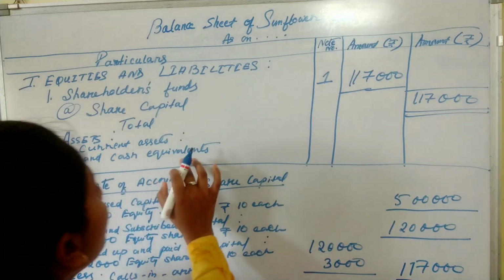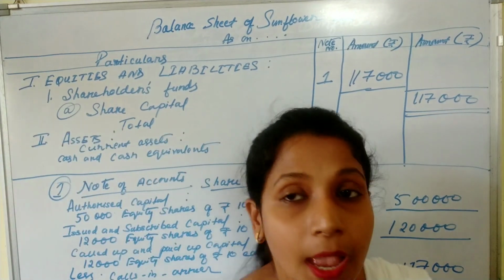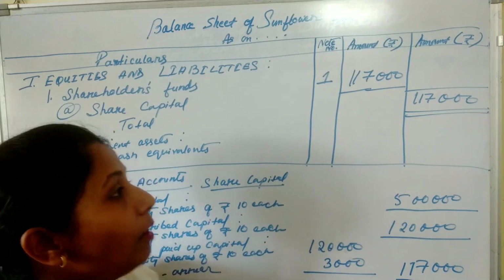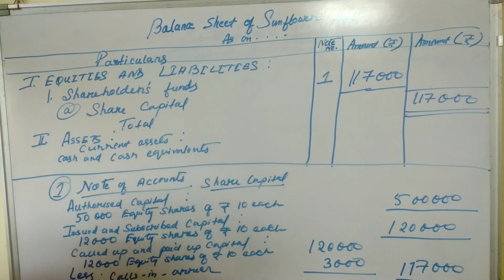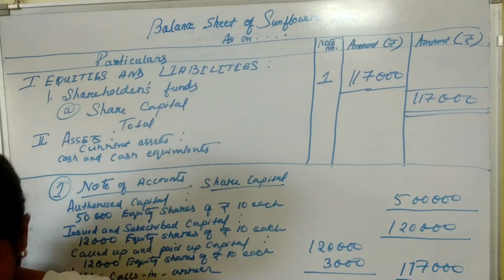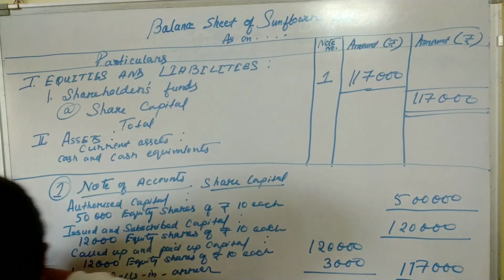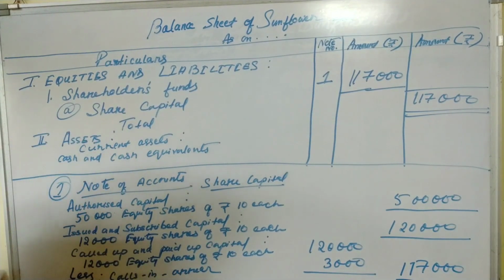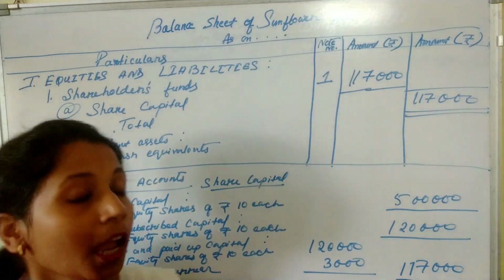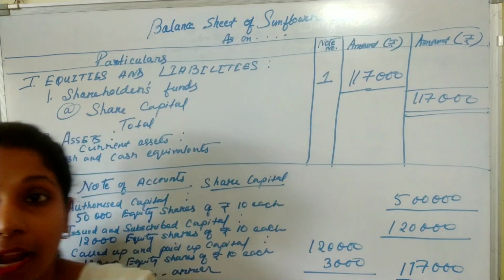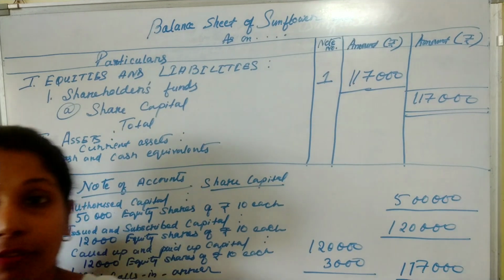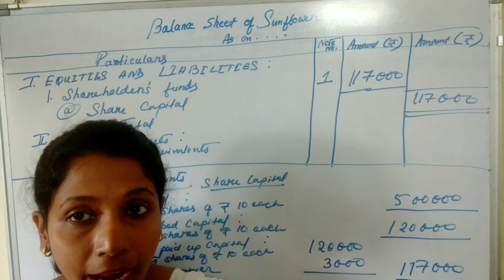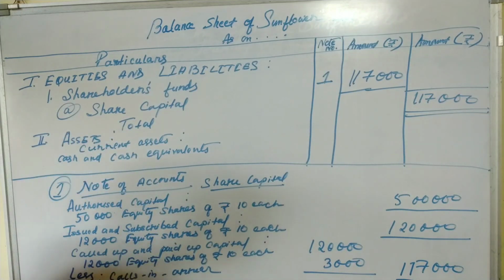Now student, how will we find this cash and cash equivalents? Add all the amounts received by the bank. That is, first of all, the company has received 36,000 on application. Second, the company has received 48,000 on allotment. Thirdly, the company has received 33,000 on first and final call. So add these three amounts.